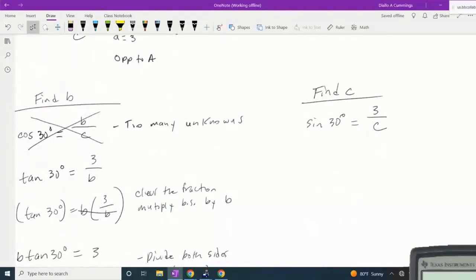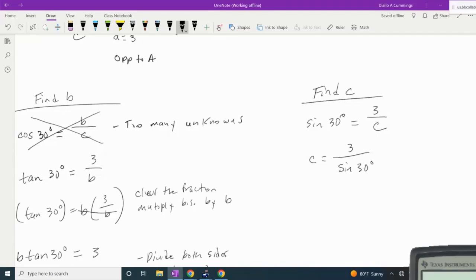Right. So then I will multiply both sides by C, then divide both sides by the sine of 30. So C is equal to 3 divided by the sine of 30. I skipped some steps, but is everybody okay with it?